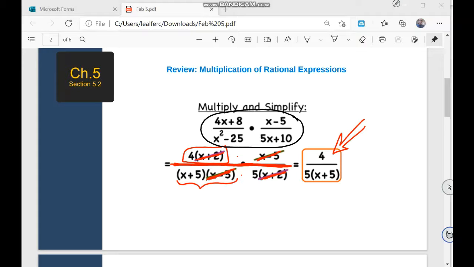Very complex, complicated, a multiplication of expressions, and you have several coefficients, several exponents, lots of terms. You can simplify into a very nice and simple expression with 4 over 5 times x plus 5. That's the magic of simplification.